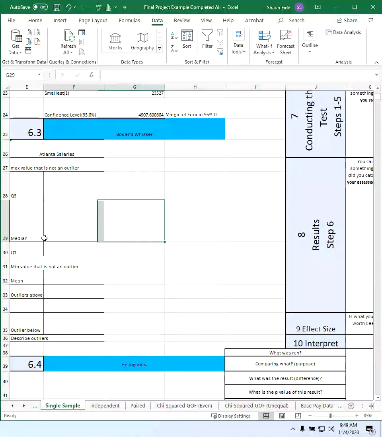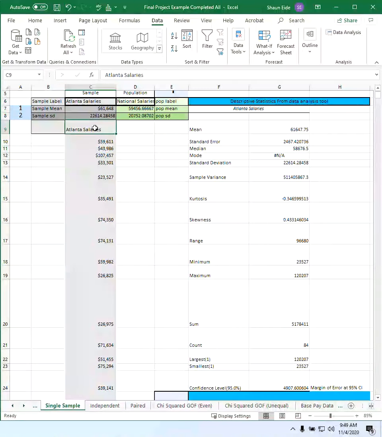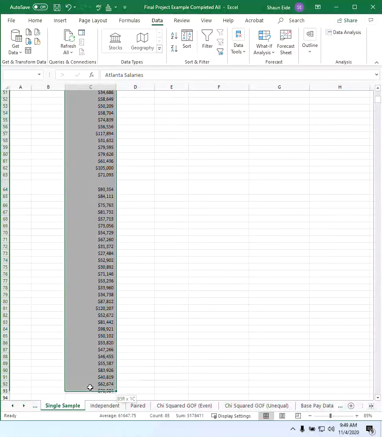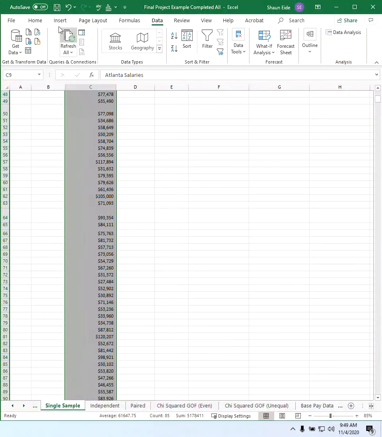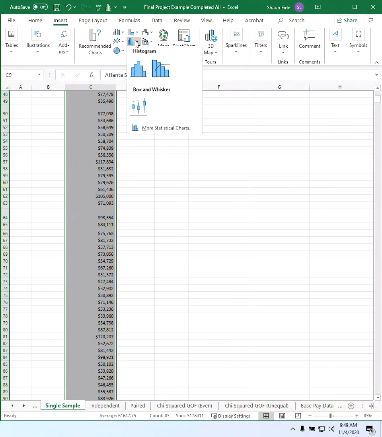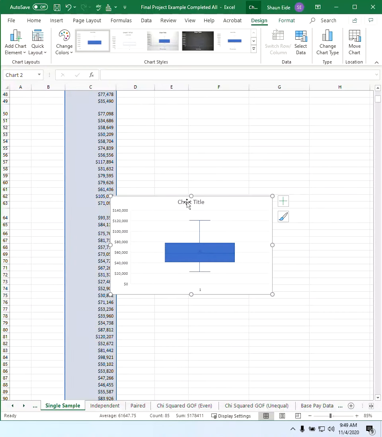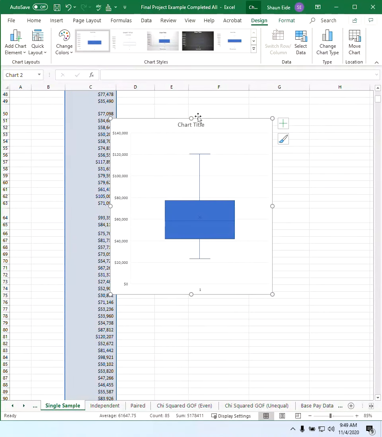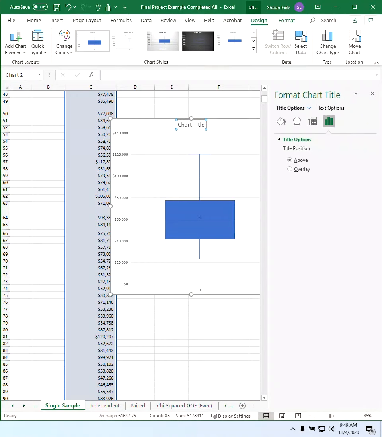And in order to do that, I'm going to highlight all of this, and I'm going to do insert and box and whisker. And so make sure you put a title. We're going to say Atlanta salaries.